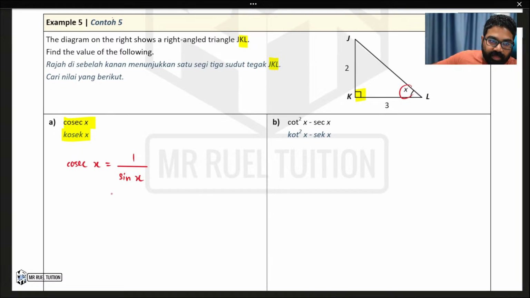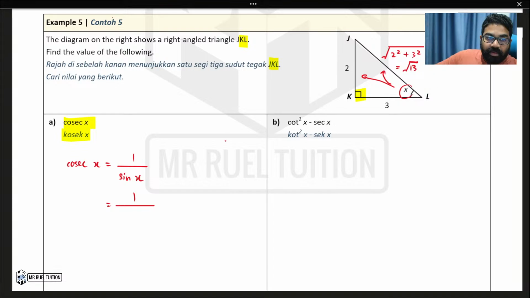Sin is opposite over hypotenuse. Okay, we find the hypotenuse first. We got 2 and 3, so square root of 2 square plus 3 square. That is root 13.